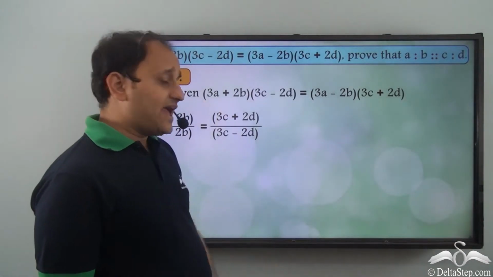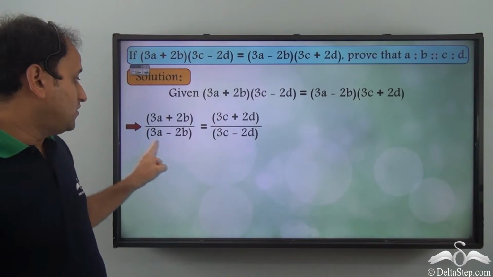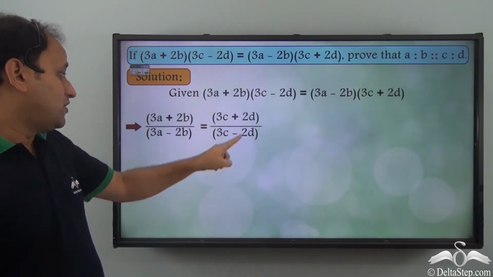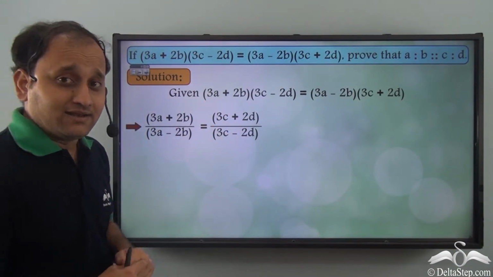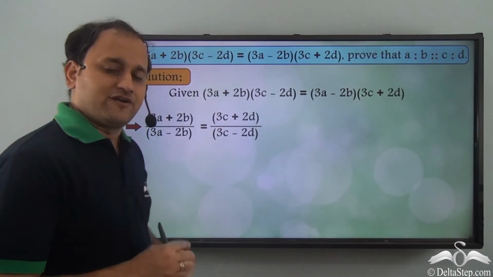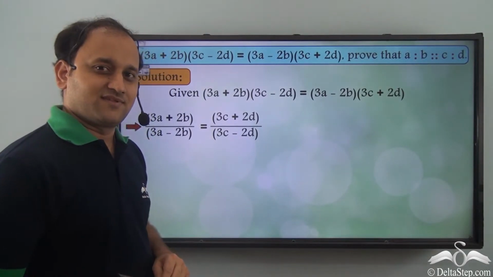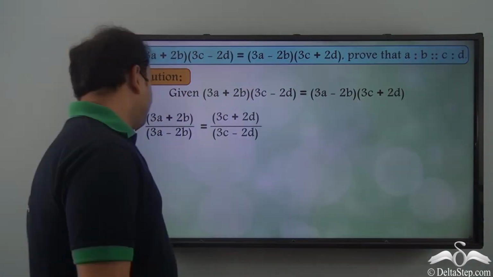Now if we apply componendo dividendo on this equation or this proportion, then how do we represent this after applying componendo dividendo? What do you think will be the right answer? Well, let's see.